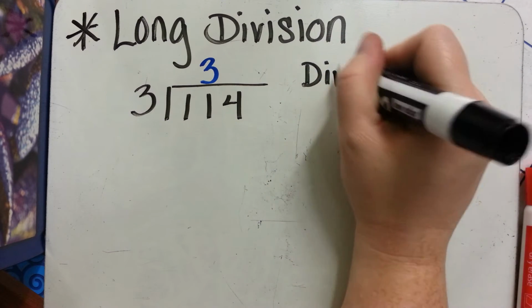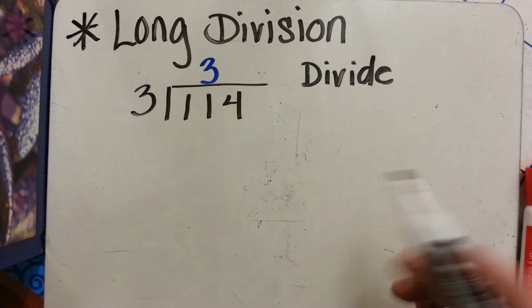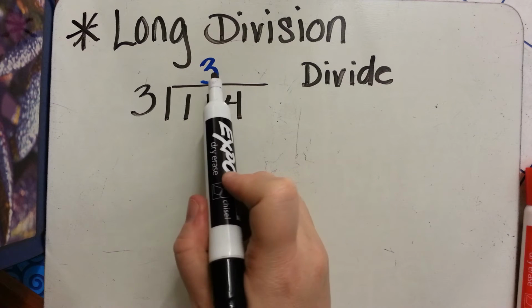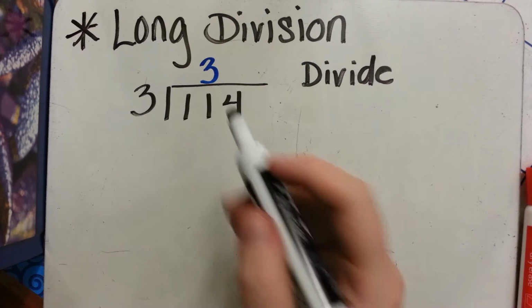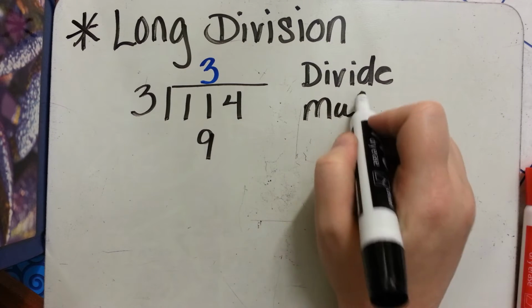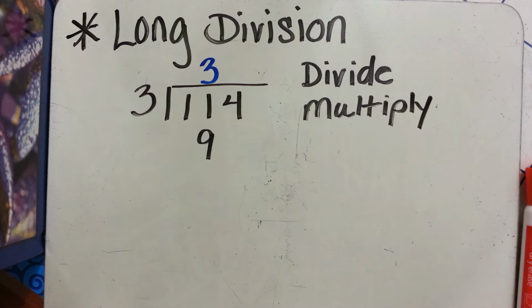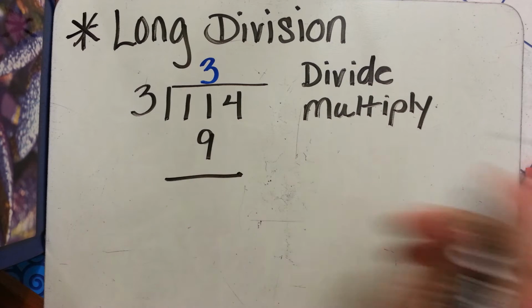We're going to make a little list, a little way of remembering the proper steps for long division to help us later on. So now what we do is we multiply 3 times 3, and we put it down here, which is 9. So our second step would be to multiply. And then our third step is to subtract.